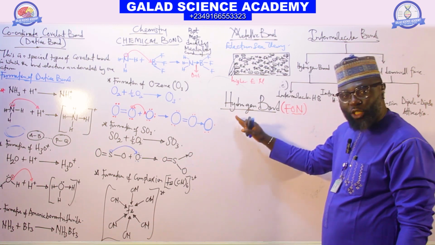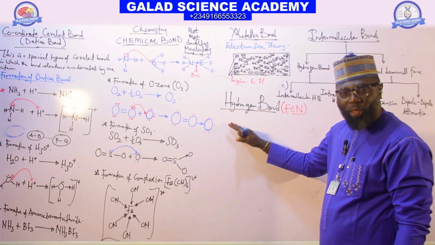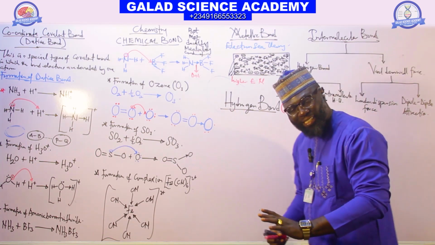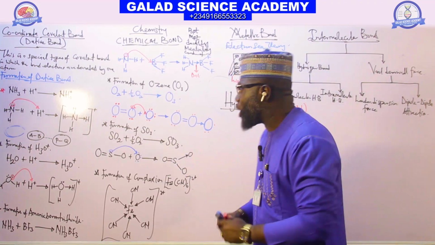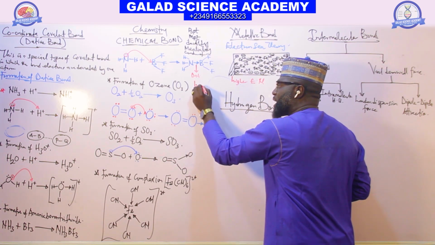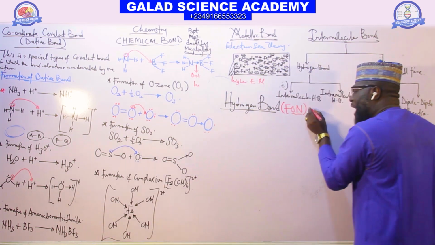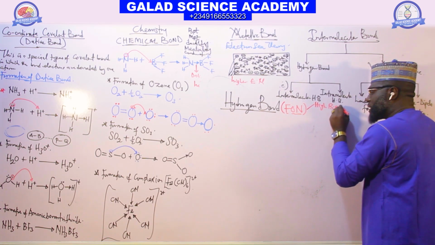And what are the properties of hydrogen bond? Any compound that has hydrogen bond must have abnormal boiling point. Must have high boiling point.